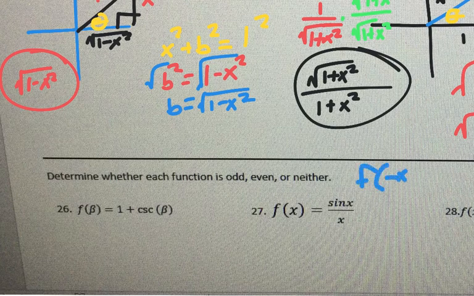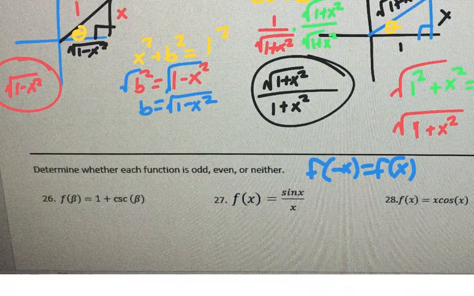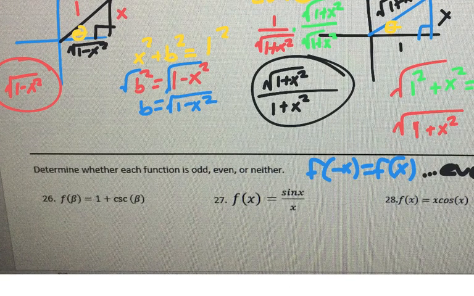If we plugged in a negative value and we got back what we started with, that meant that the function was even. So again, I'm writing that in symbols. Here's what that symbol means. I plug in the negative x, and once I plug in the negative x, I get back what I started with. I just get regular f of x. That means I have an even function.